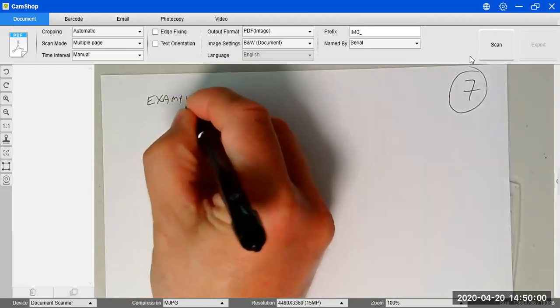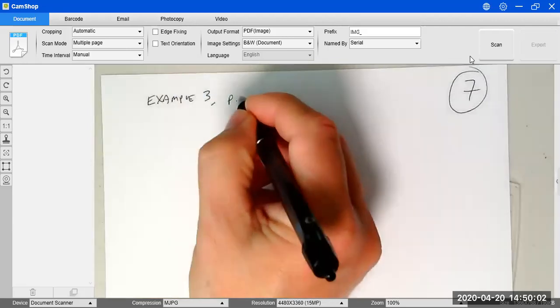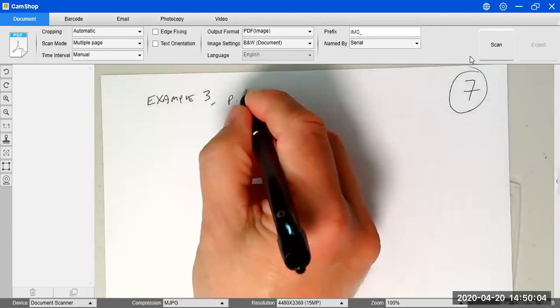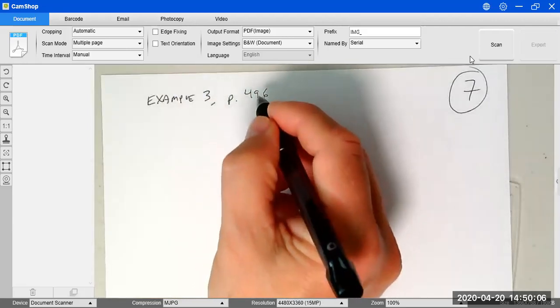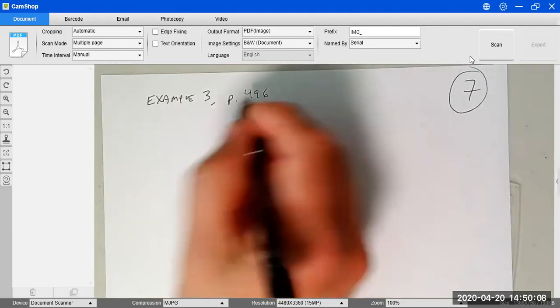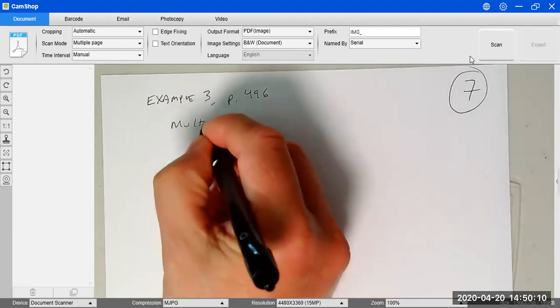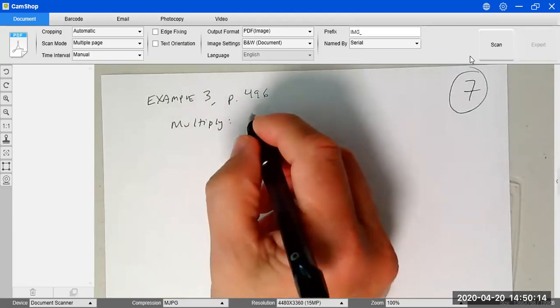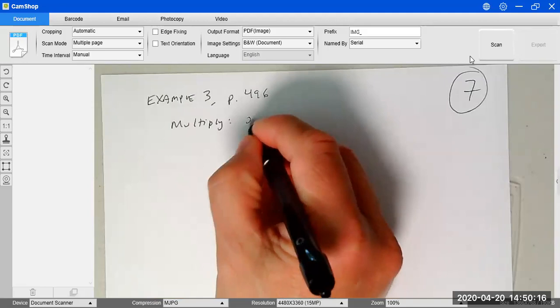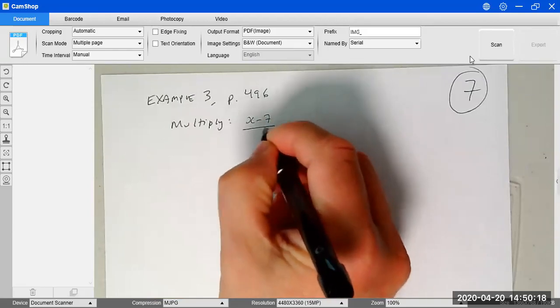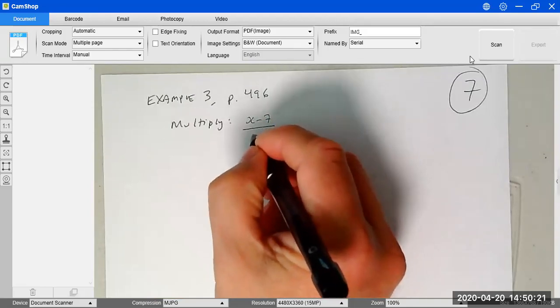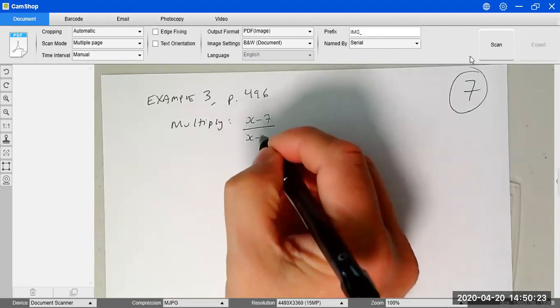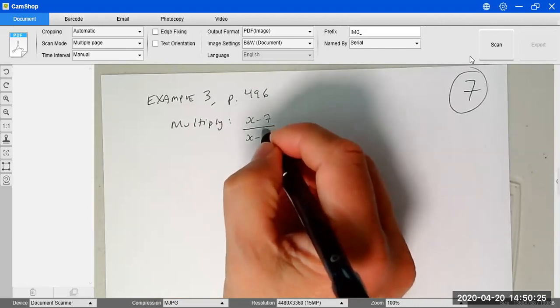Example 3 is on page 496. So we're going to multiply two rational expressions. The first one is x minus 7 over x minus 1, and that's the first one.